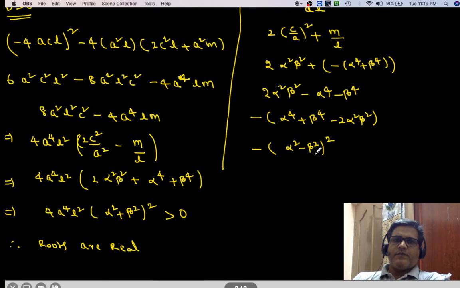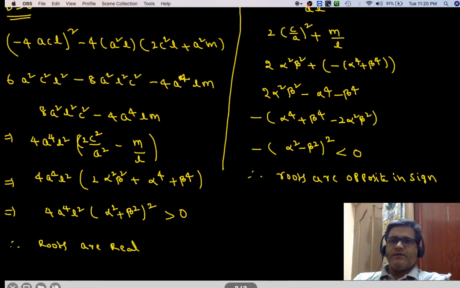So here alpha square minus beta square whole square with negative sign, that is less than 0, therefore the product of the roots is negative, therefore roots are opposite in sign. This is the second part of the solution.